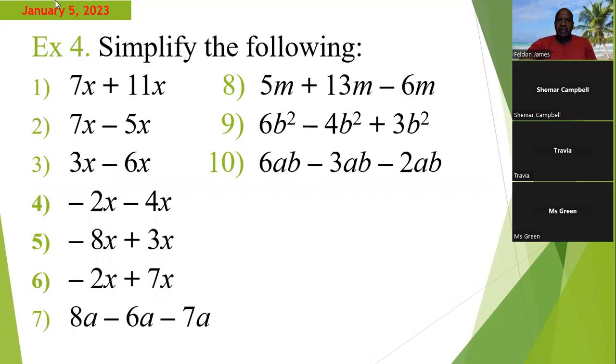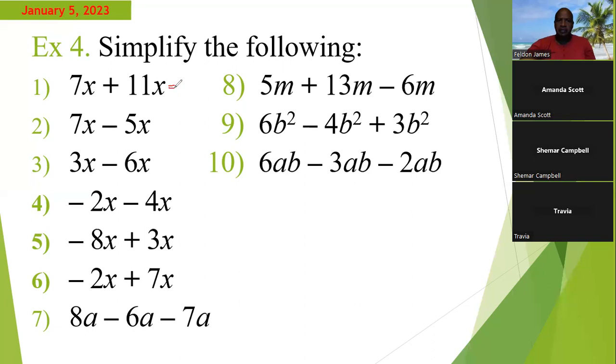All right, so in the meantime, while some of you are still working on the questions, is there anybody who finished with the first couple of questions and would like to walk me through them? For question 1, can anybody give me the answer? 18x.